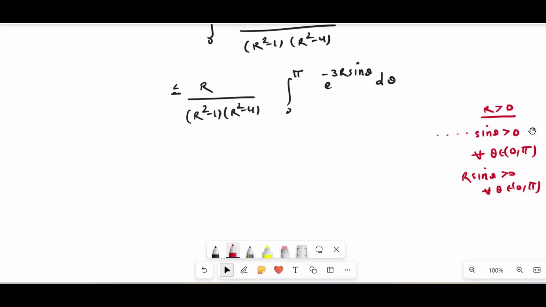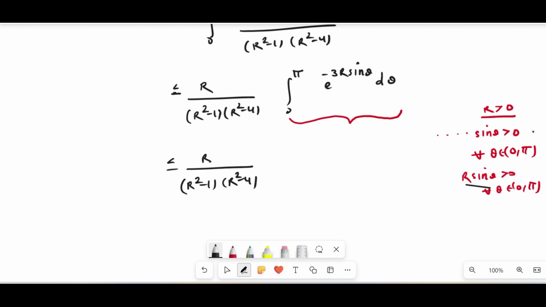So the value of this integral will be bounded. It is a very tedious process to find the value of the integral, but we know that this function is positive.